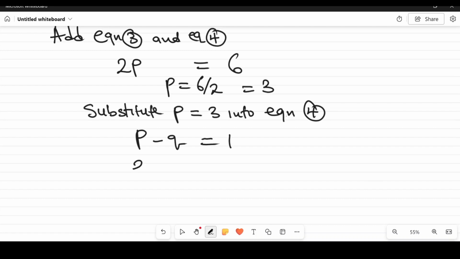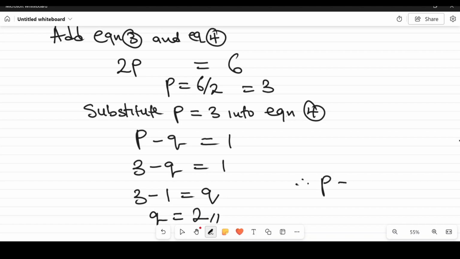So we have 3 minus Q is equal to 1. So we have that 3 minus 1 is equal to Q. So our Q is equal to 2. So therefore, our P is equal to 3 and Q is equal to 2.